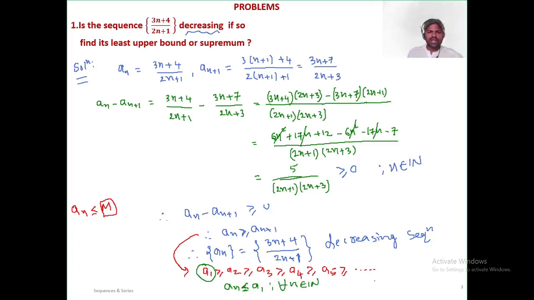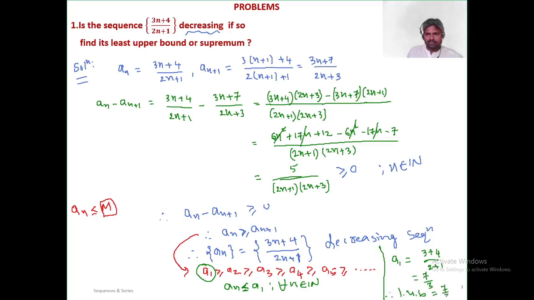So what is a1? a1 is simply obtained by substituting n equal to 1 in the nth term of the sequence. Here n is 1, so (3 plus 4) by (2 plus 1), which is 7 by 3. Therefore the LUB, the least upper bound, is 7 by 3.